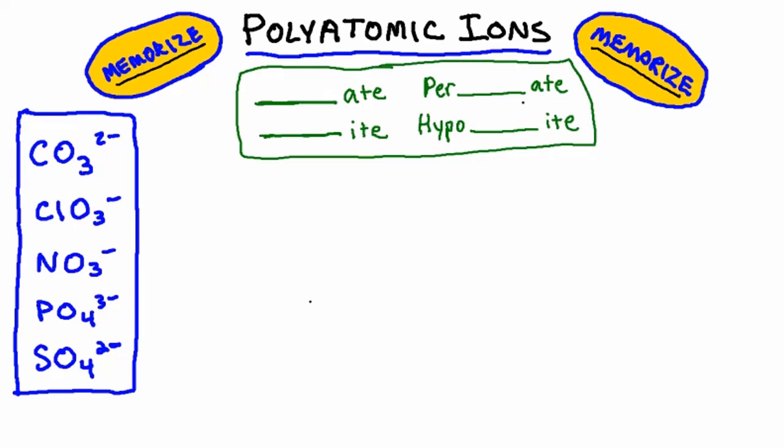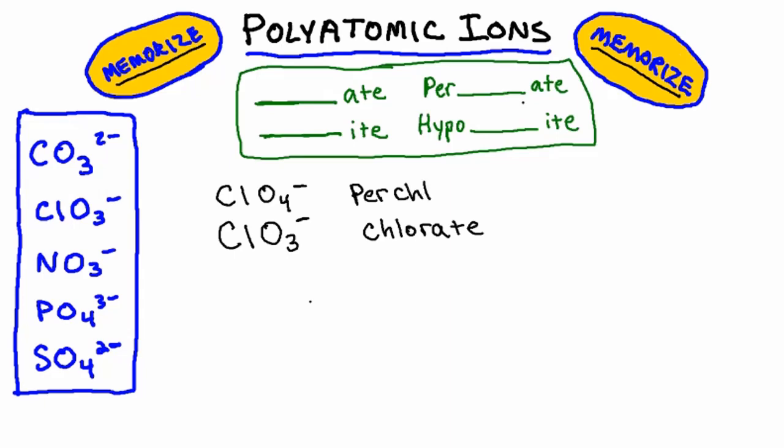Let's try chlorate. ClO3 with a negative. That is chlorate. But if you add an oxygen to that, if you put another oxygen on top of that, that would be ClO4 with a negative charge. That would be perchlorate. Or let's go down.